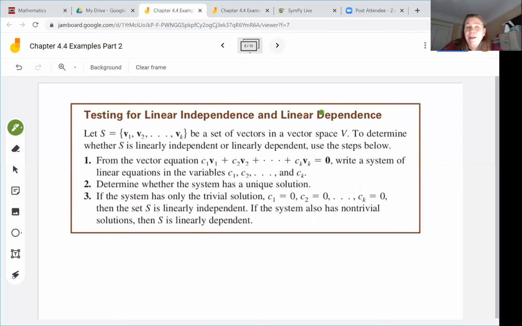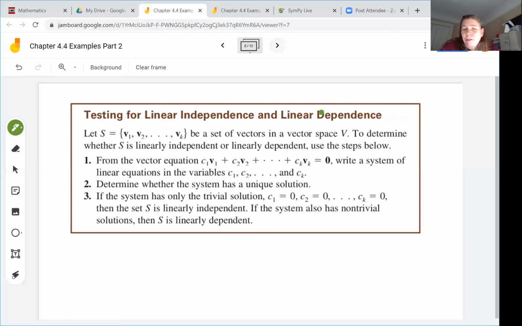So the steps we've been using to test for linear independence and linear dependence can be summarized as 3 steps. First, from this vector equation, C1 V1 plus C2 V2, all the way through adding CK VK equal to 0, you write a system of linear equations in terms of the variables C1, C2 through CK.